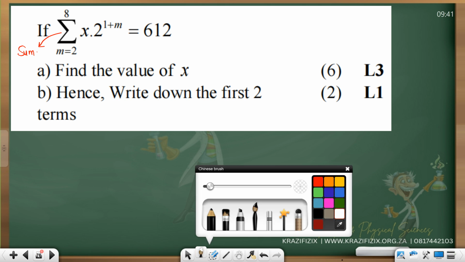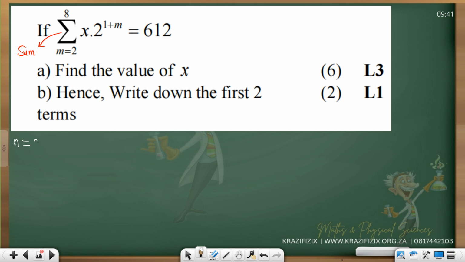Second one is how many terms? Top minus bottom. So we say top minus bottom plus 1. 8 minus 2 plus 1, which is what? 8 minus 2, 6, plus 1. Okay, so I know it's 7 terms. What type of pattern?